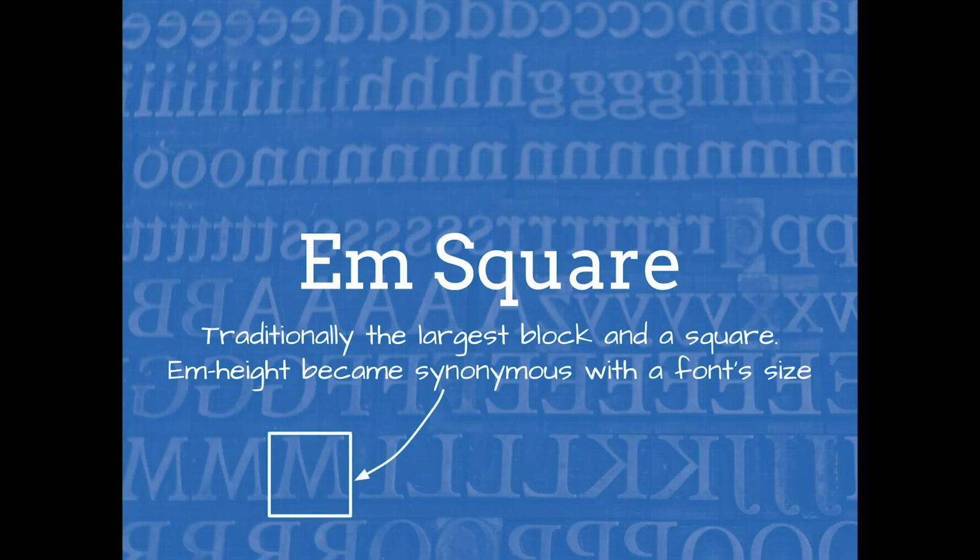So way back in the day, the largest block was the character M, and that would be a square. The height and width would match. And that, of course, wasn't always, but traditionally it was. And M height became synonymous with the font size, and that's carried over to today. So the M height means, what is this font size?